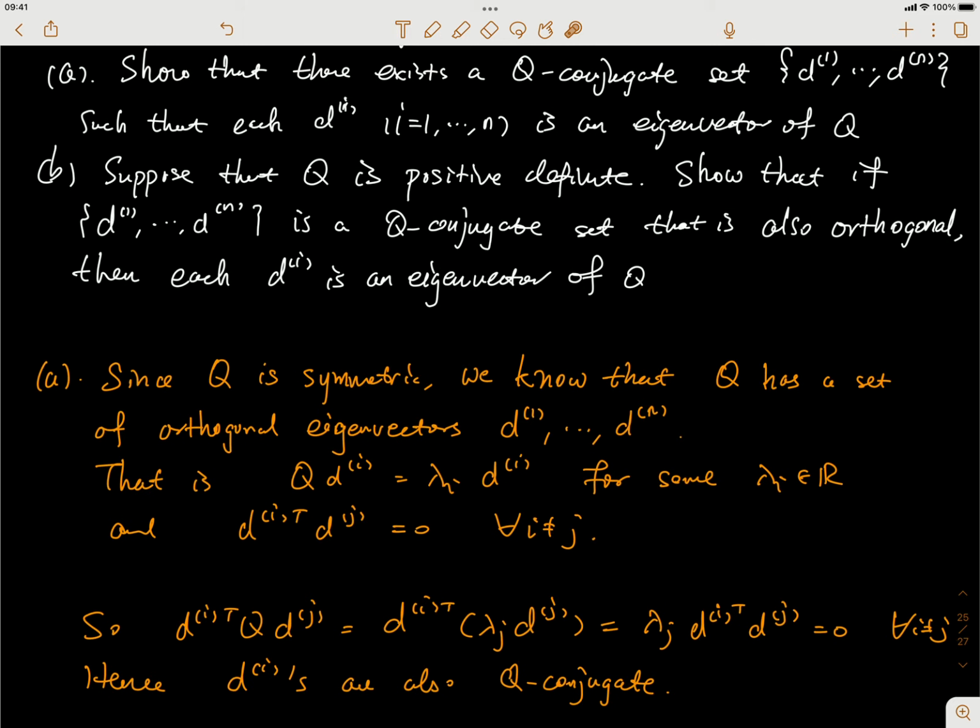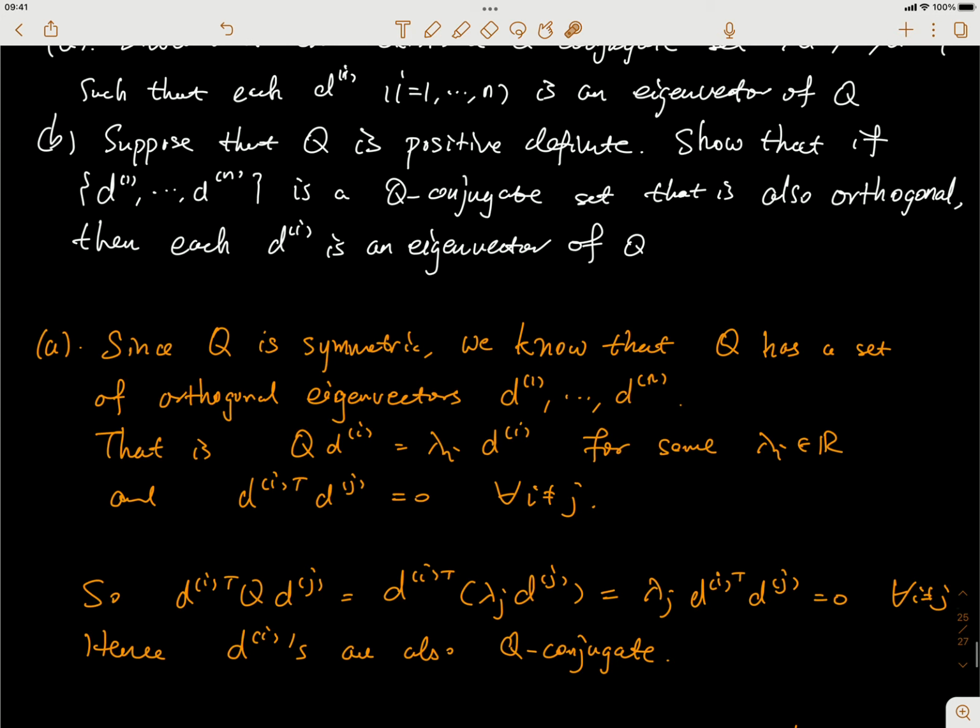Because we know such a set exists, we just need to show that they're also Q-conjugate. To show that, we just need to show that the Q inner product of di and dj is equal to 0 for any i not equal to j. This is equal to lambda j times di dj, because Q dj is lambda j dj, since dj is an eigenvector.